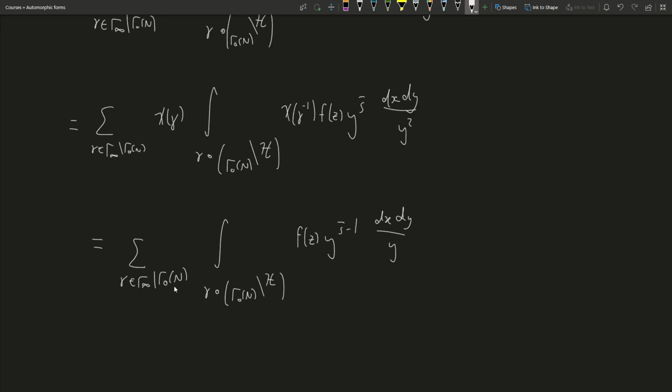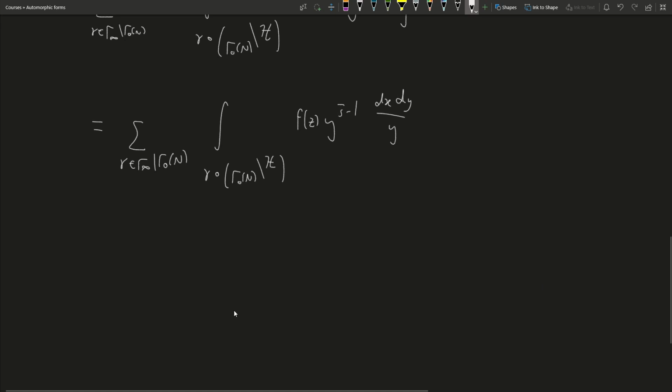And now let's think about this sum and this integral. So we have, say, our fundamental domain. I'm just going to pretend that N is 1 to visualize this.